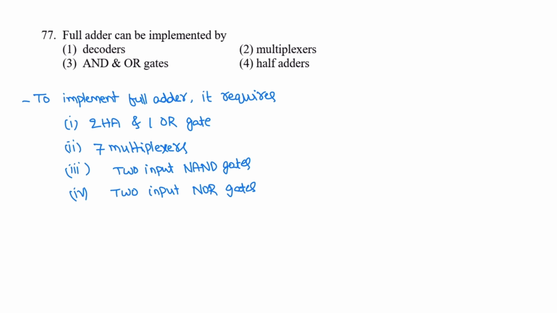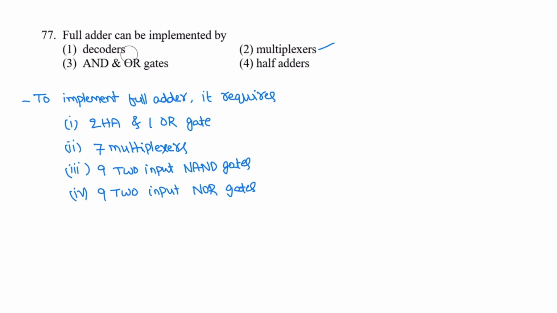To implement a full adder using two input NAND gates, it requires 9 NAND gates. The number of two input NOR gates required is 9. Using only half adders, it is not possible to implement a full adder. Using AND gates and OR gates, it is not possible. Using decoders, it is not possible. But using multiplexers, we can implement the full adder.